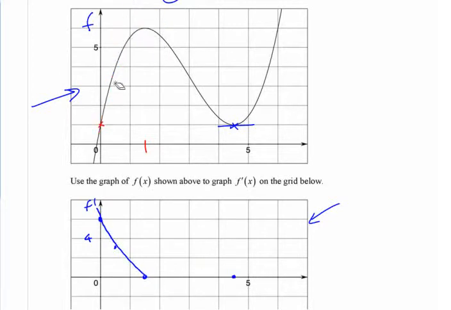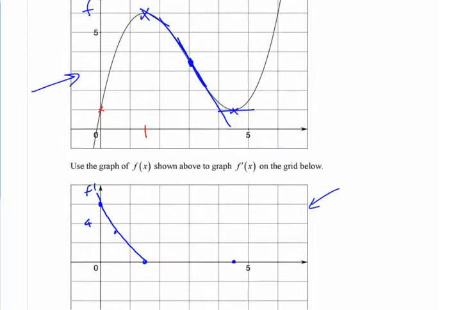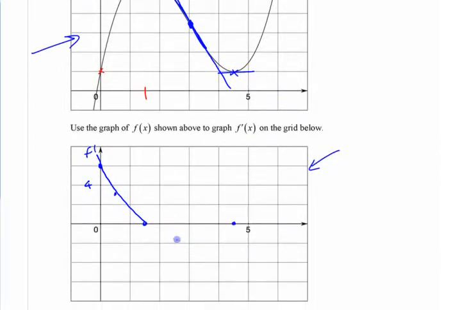After this point, now the slope's downhill at all these points, and it reaches kind of a minimum right in the middle there. And you might have estimated that the minimum was, what does a minimum look like it might be? Like if you drew a straight line through the middle there, 2.5 or 3 or something like that. So possibly somewhere right in here would be the minimum, depending on how you set up your scale. So it goes down to some kind of minimum and then starts to come back up again, right?